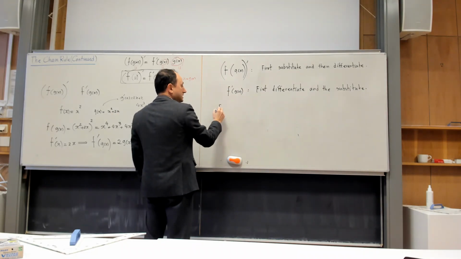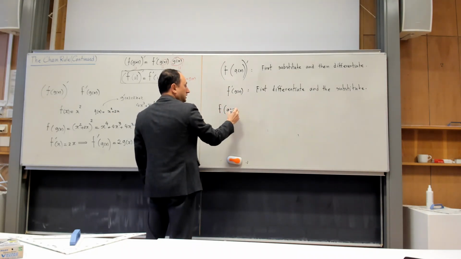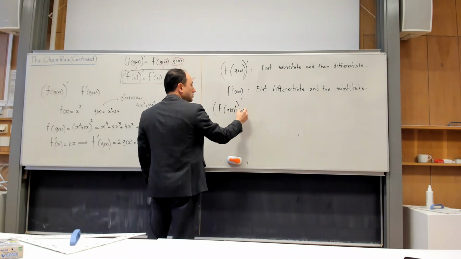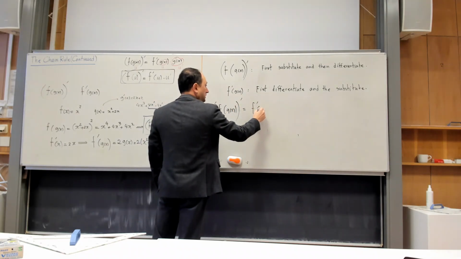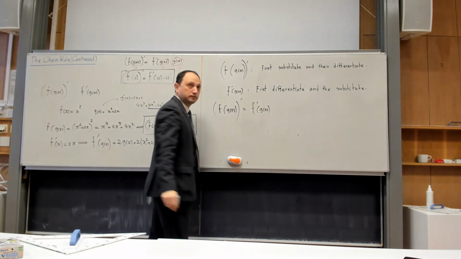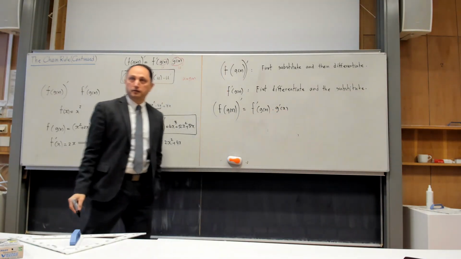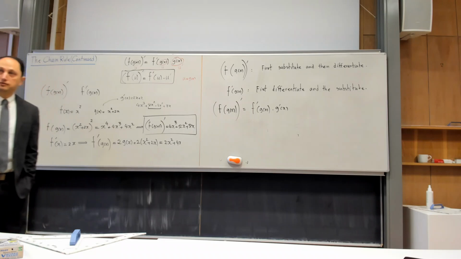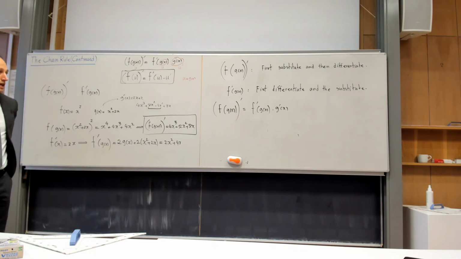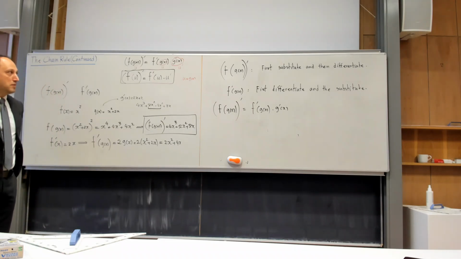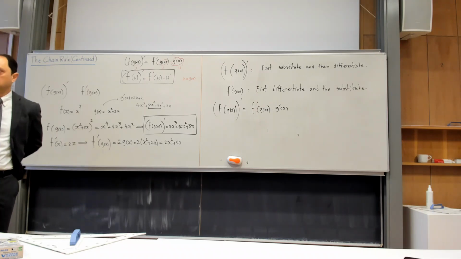The chain rule tells you that the first one is not equal to the second one, but it is somehow related by multiplying by an extra factor of g prime. Yes? That is the chain rule. Now my question is, can you imagine a scenario where these two are the same at the end?